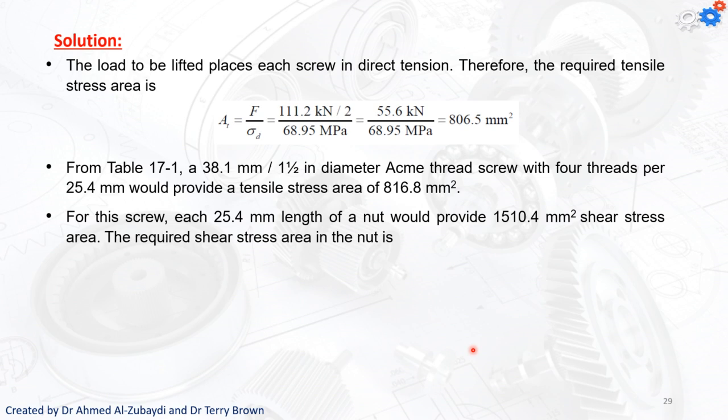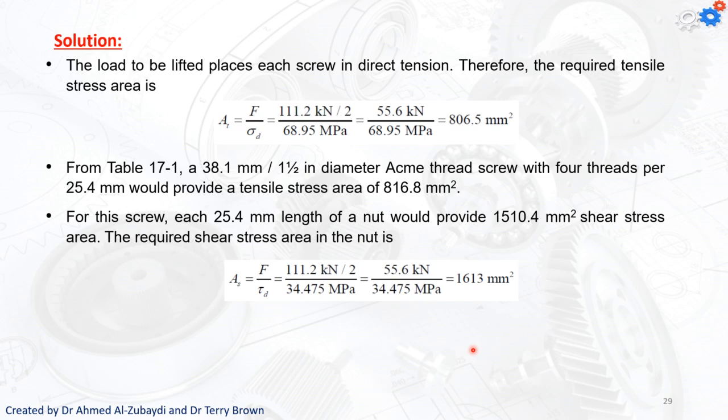For this screw, each 25 millimeter length of the nut will provide 1,510 square millimeters of shear stress area. The required shear stress area in the nut is calculated by finding F divided by tau d, and I can find the shear stress area to be 1,613 square millimeters.